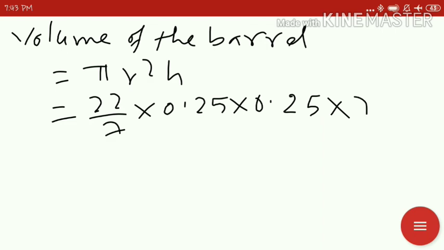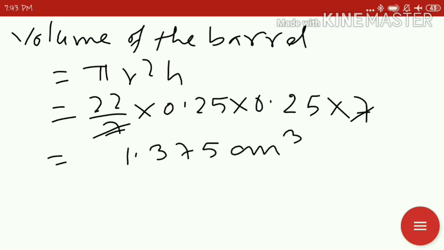It is already given, 7, so the 7 will cancel out. Now if we multiply 22 into 0.25 into 0.25, you will get 1.375 centimeter cube. Now I am going to convert this centimeter cube into liter, because in the answer we have to find out how many words can be written with 1/5 of a liter.